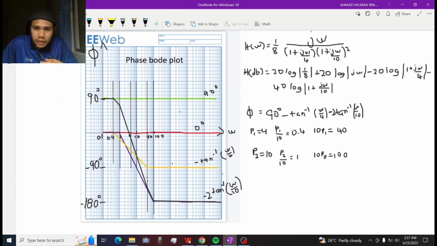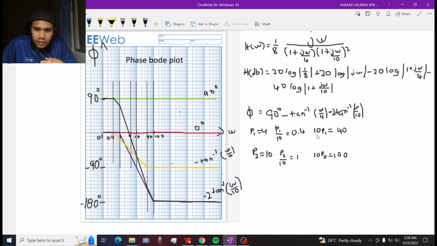For 1 plus j omega over 4, it is a simple pole. For a simple pole, it will remain 0 until it reaches P over 10. So we have P equal to 4, then P over 10 is 0.4. So from 0.1, it will stay at 0 degree until 0.4.